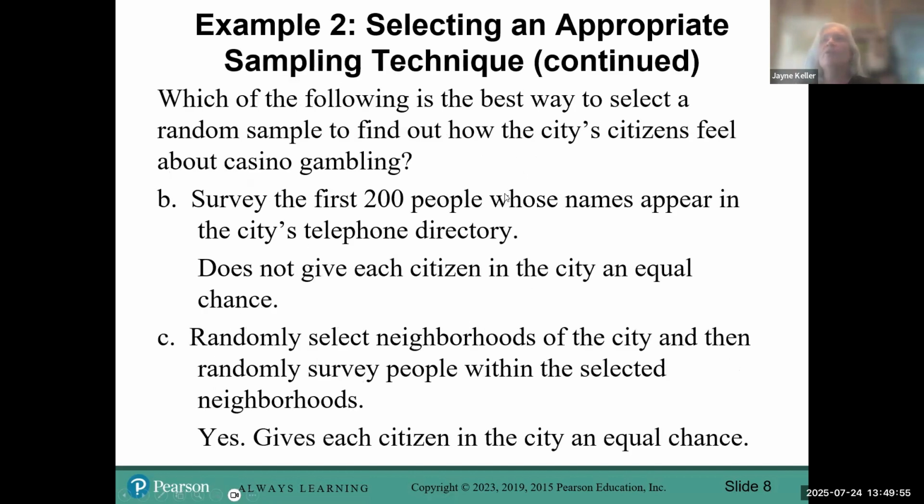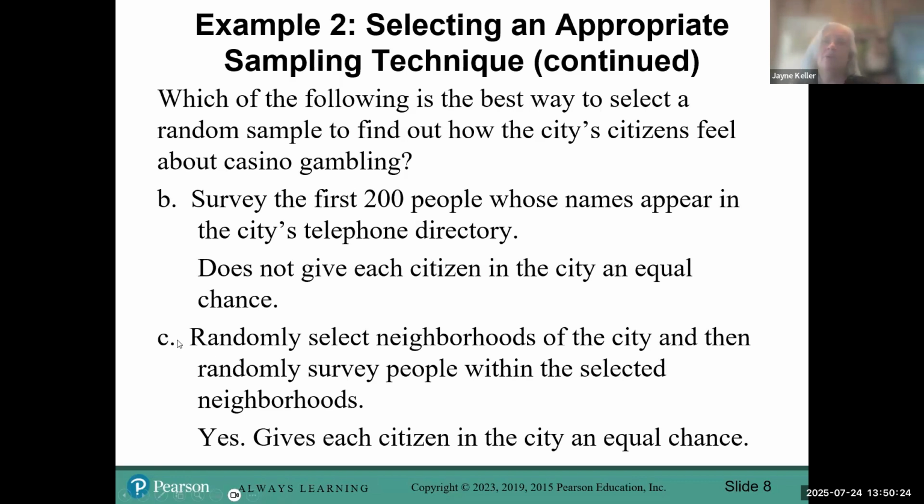The first 200 people whose names appear in a telephone directory. Well, now we're getting maybe a little closer to random because we're not just taking some little area of the city. So people might live in any different part of the city, but not everybody has an equal chance. If your last name starts with a Z, you're not going to be chosen, right?